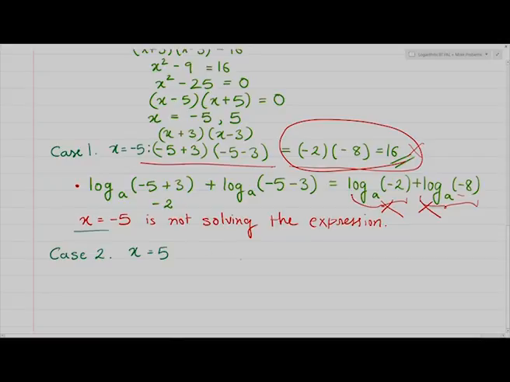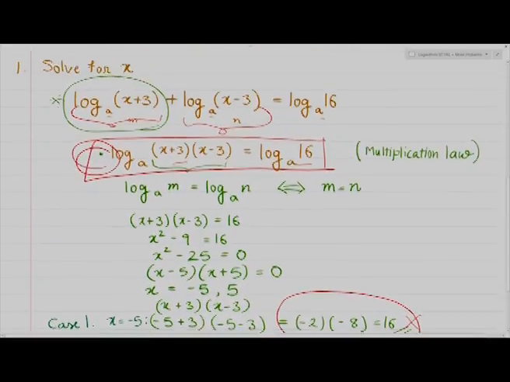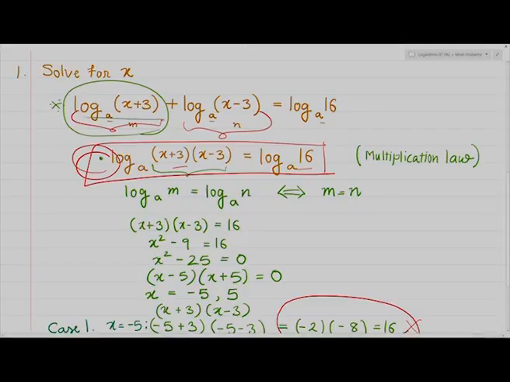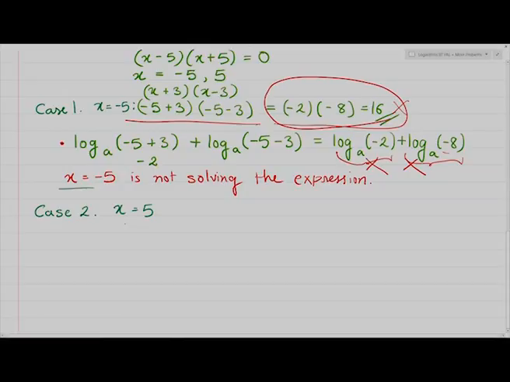So, if x is equal to 5, then again where will I check? I will check in the original expression. What is the original expression? Original expression is this. So, I will put the values in original expression, which is log of x plus 3 plus log of x minus 3, which should be equal to log of 16, all are to the base a.